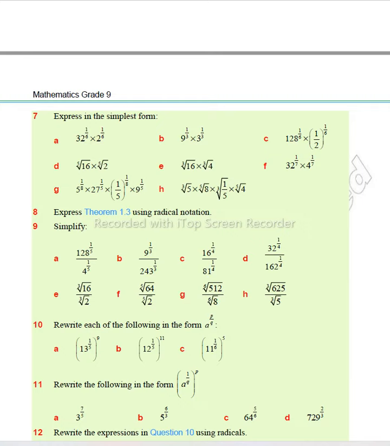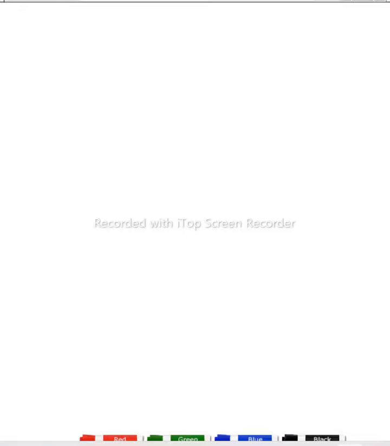Let us start with one formula: 32 to the power of 1 over 6 times 2 to the power of 1 over 6.